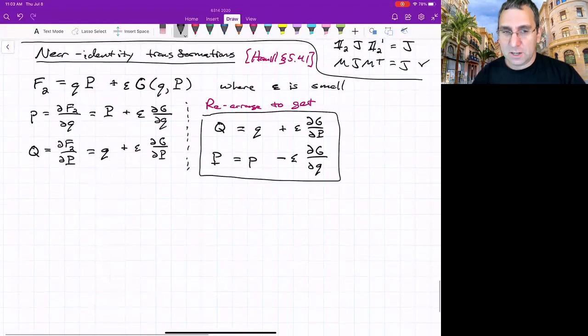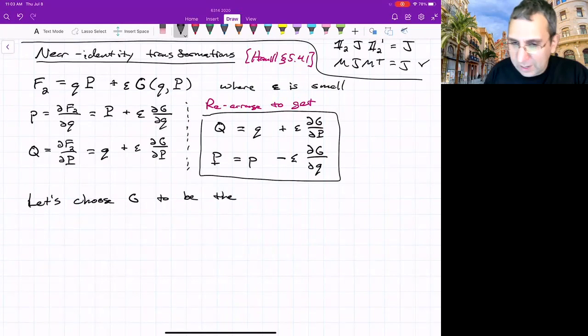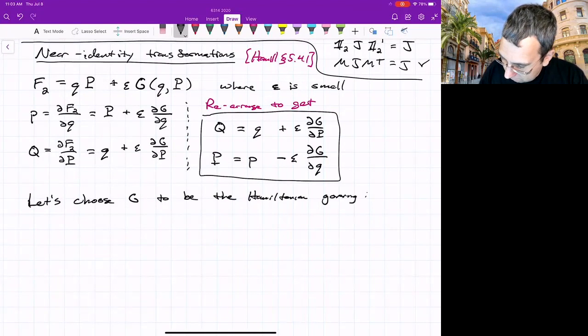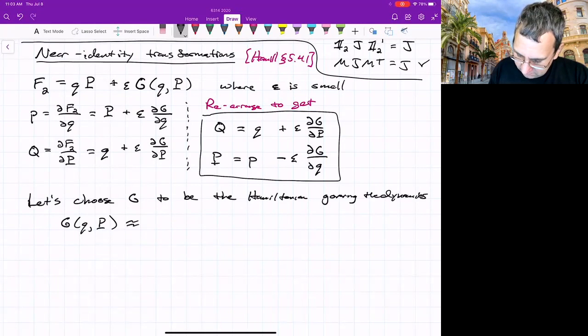And now let's make a particular choice of what G is. Let's choose G to be the actual Hamiltonian governing the dynamics. How can we do that? Well, G of q and big P, we're going to set equal to the Hamiltonian.